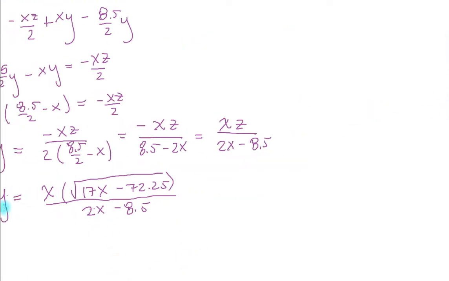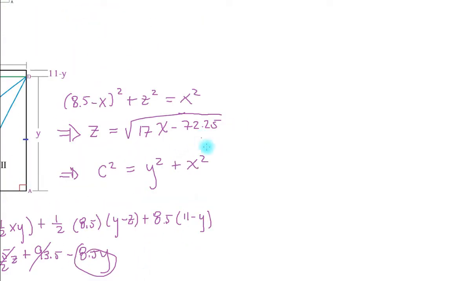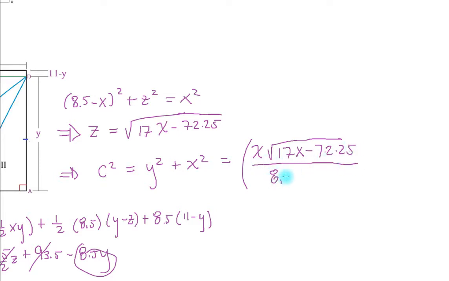So we can substitute this into the equation. So it's going to be x times the square root of 17x minus 72.25, divided by 8.5 minus 2x, everything squared, plus x squared. And that is c squared.